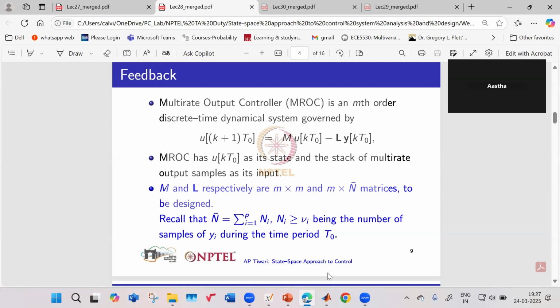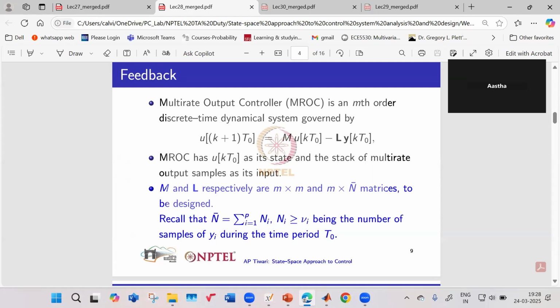So the (k+1)T0 input, which comes from the zero order hold, should be given by this expression: M into u of kT0 minus this certain design L, which we are using for design, into the samples of my output.